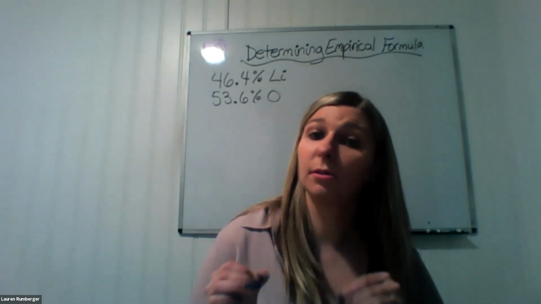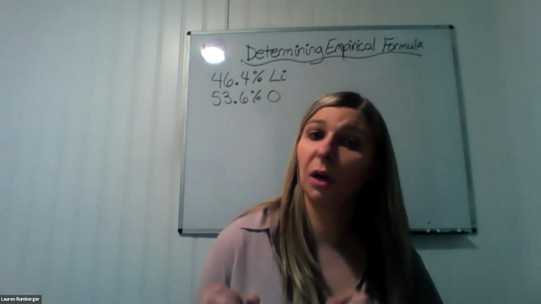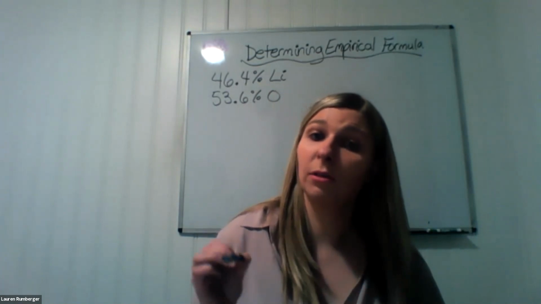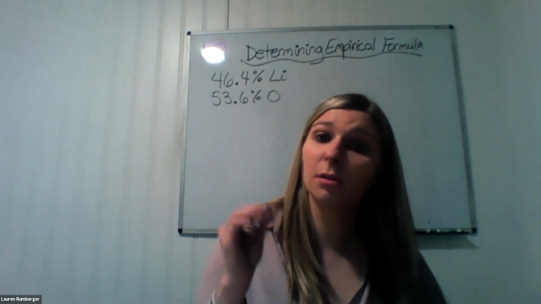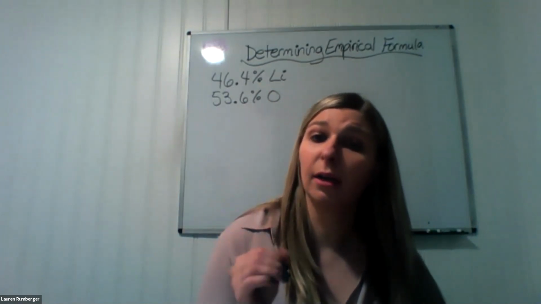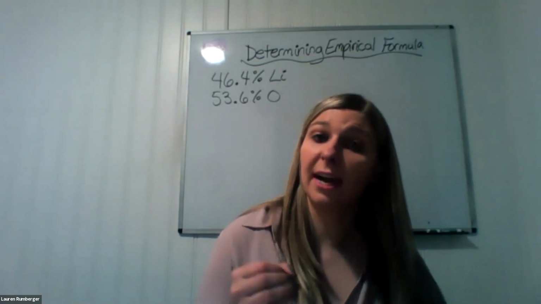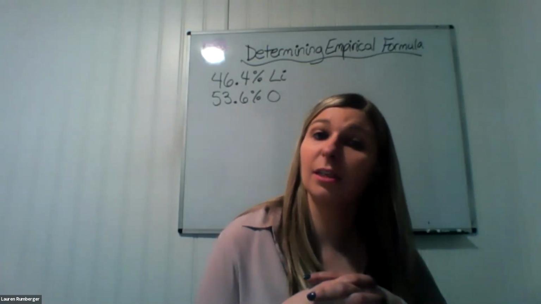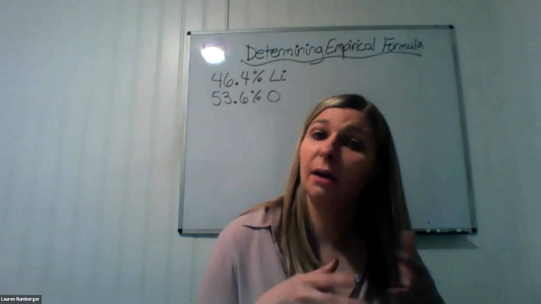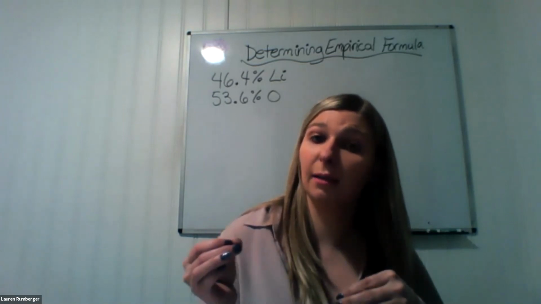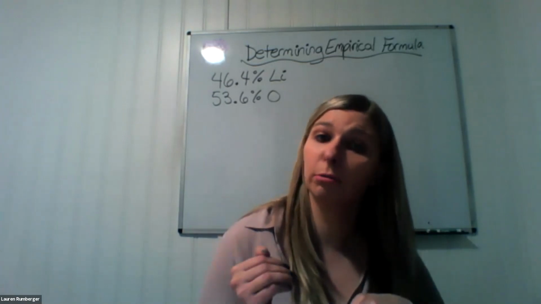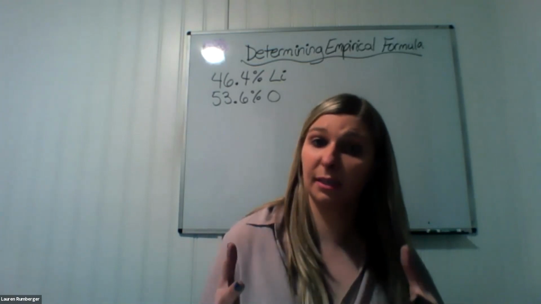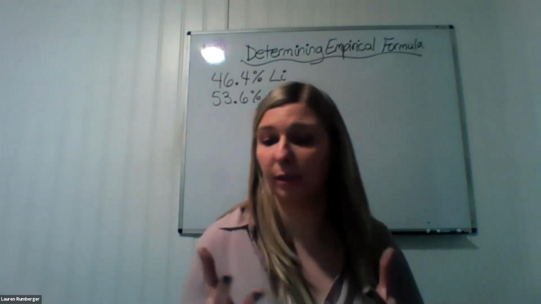Now remember, a percent always means per 100. So as long as these percentages total up to 100, we can assume that these percentages are the amount of grams of the element per 100 grams of the total substance.